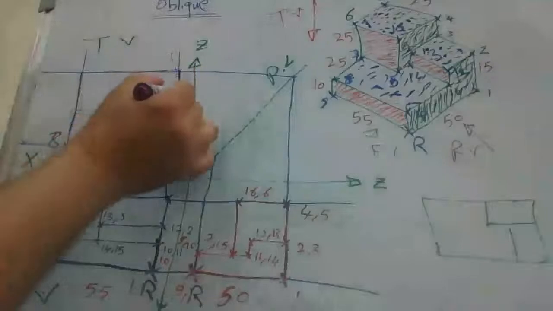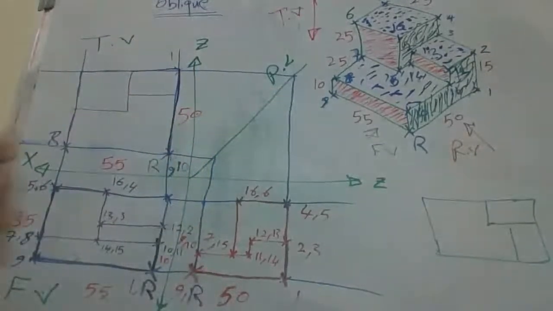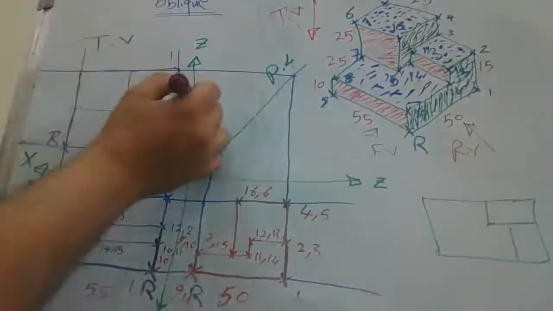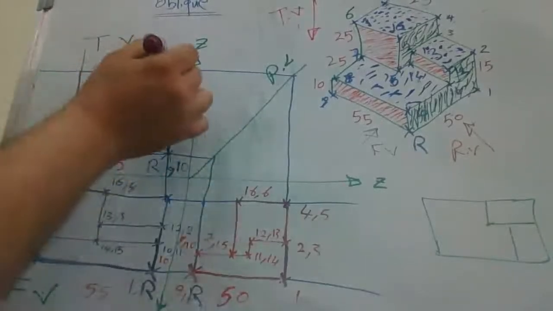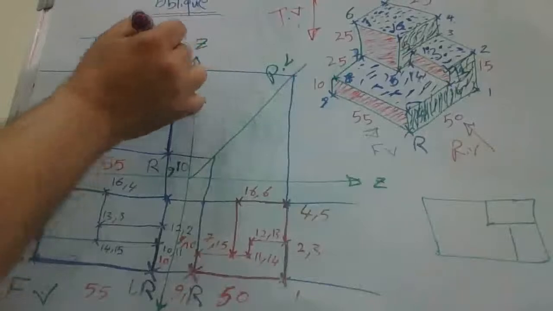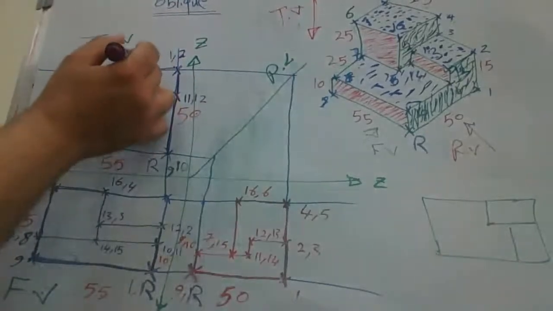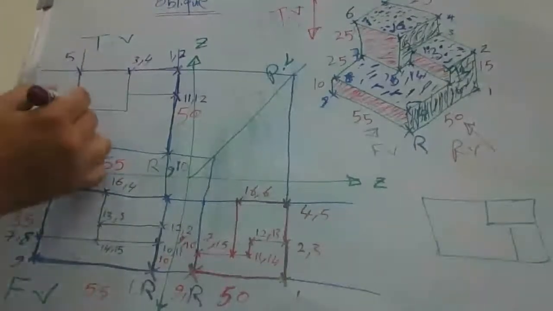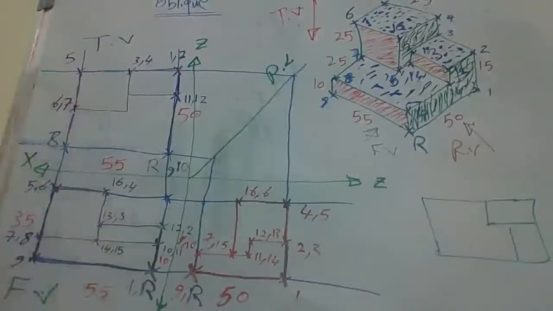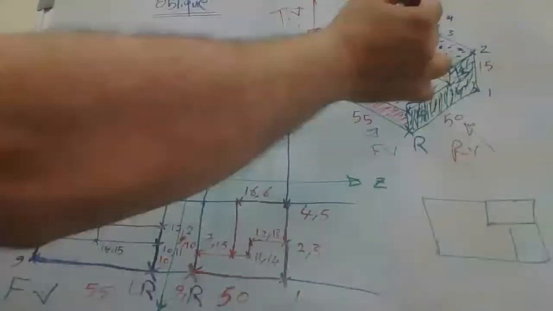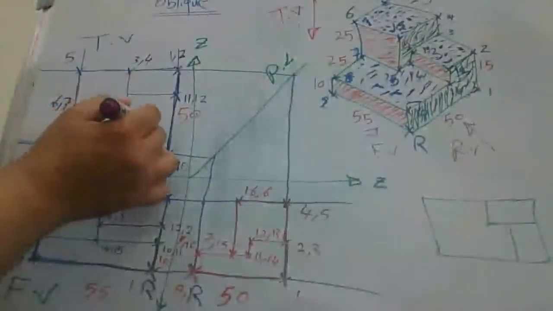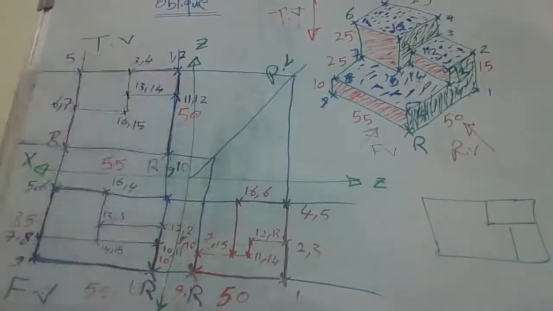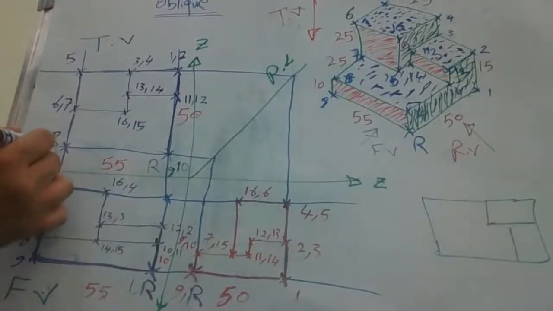Now from 10 to 11, 11 and 12 are the same point, 12 to 2, 2 with 1, 2 to 3, 3 and 4 the same point. 5 to 6, 6 and 7 the same point, here 16 and 15, here 13 and 14, also here 8 and 9.